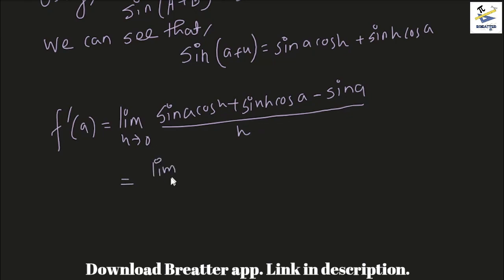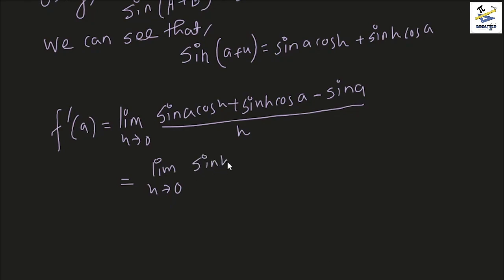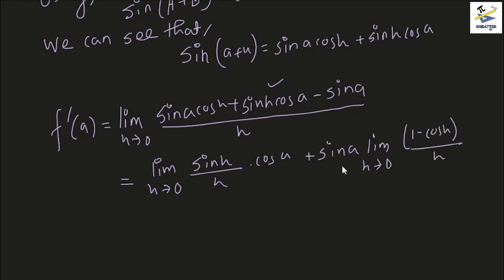So what we can do is limit h tends to 0 sine h by h into cos a. So we can just take the second term here, and we can take the first term common, and we can write limit h tends to 0 1 minus cos of h by h, right? So this limit is 1, so it becomes cos of a, because we have learned about the limit x tends to 0 sin x by x in the previous videos.